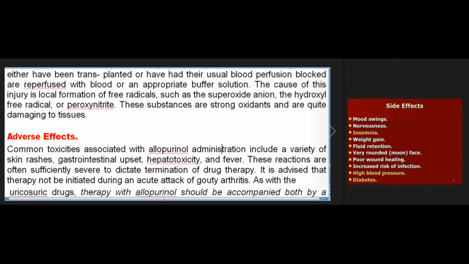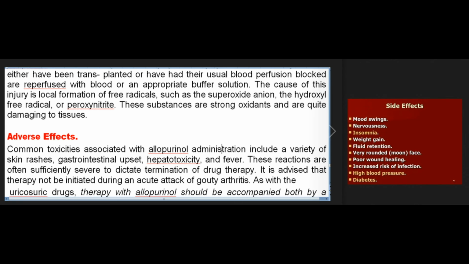Adverse effects. Common toxicities associated with allopurinol administration include a variety of skin rashes, gastrointestinal upset, hepatotoxicity, and fever. These reactions are often sufficiently severe to dictate termination of drug therapy. It is advised that therapy not be initiated during an acute attack of gouty arthritis.